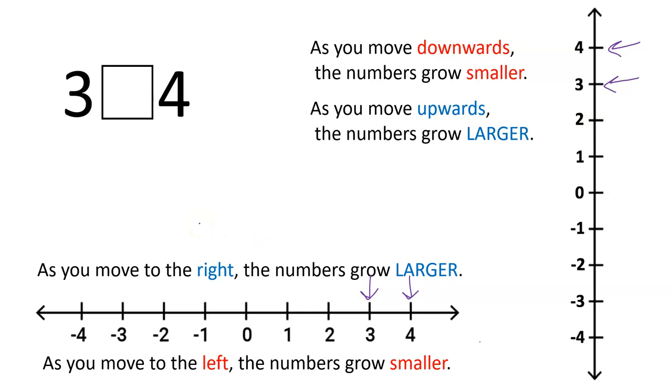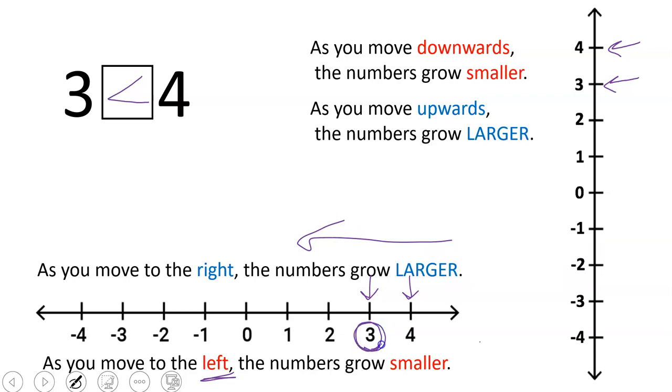Now that we've talked about that, you probably already realized that 3 is less than 4. The reasoning I'm going to use to explain this is showing the number line. If you look at the number line, you can see that 3 is further to the left. And the further to the left you go, the smaller the numbers become.